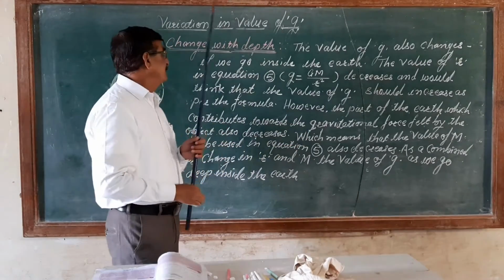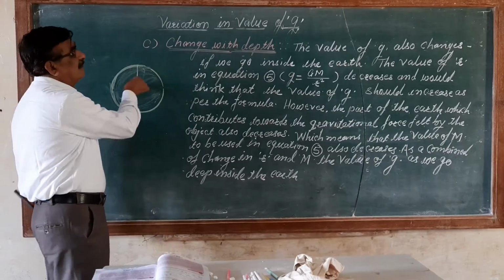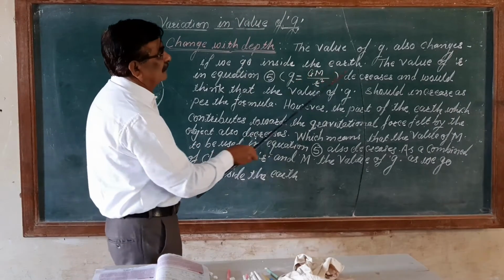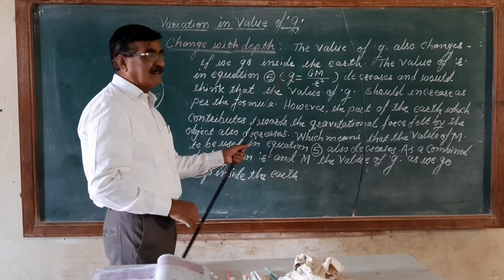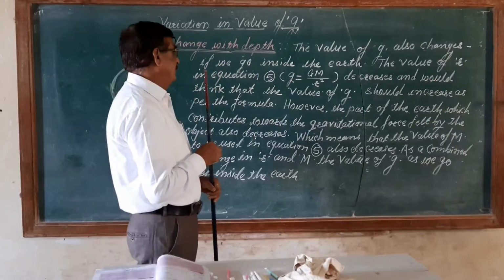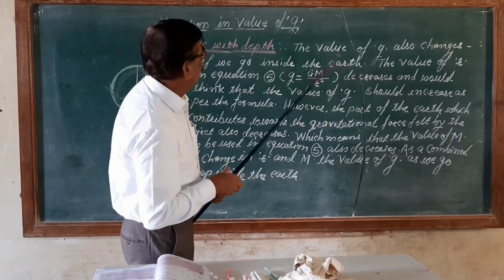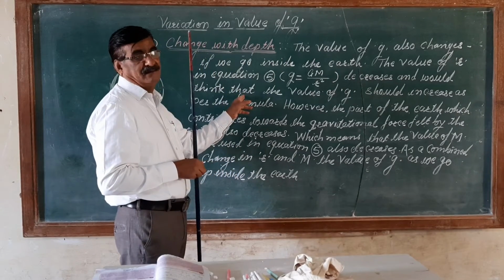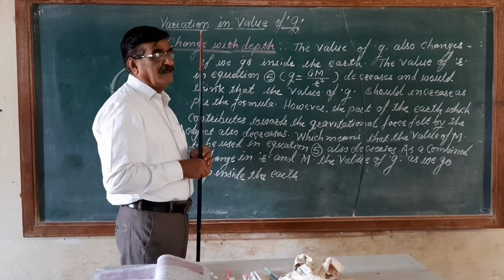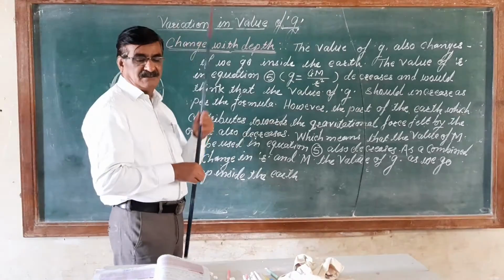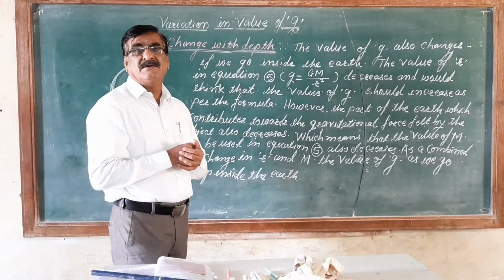But how does it change? If we go inside the earth, the value of R in equation number 5, that is g is equal to GM upon R square, decreases. In the last point we also saw that if we increase the height, the value of g decreases.